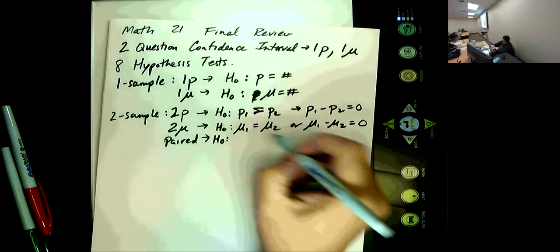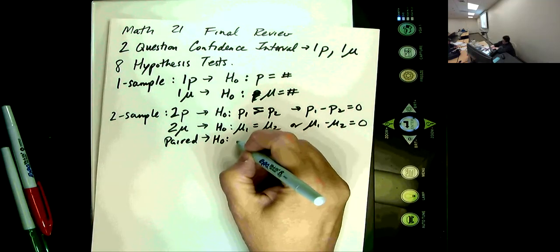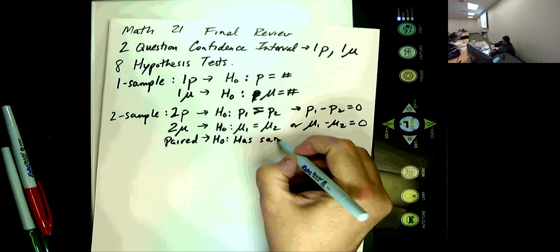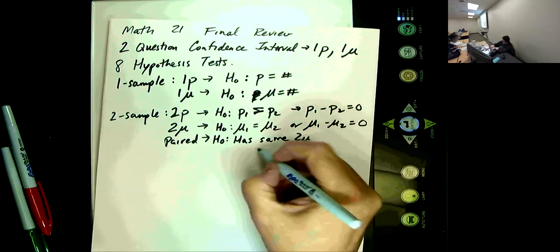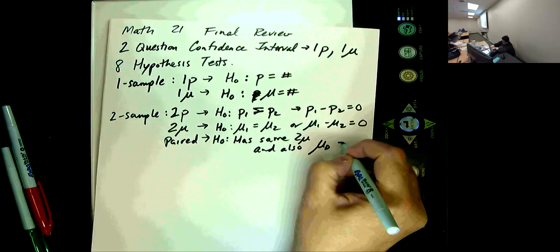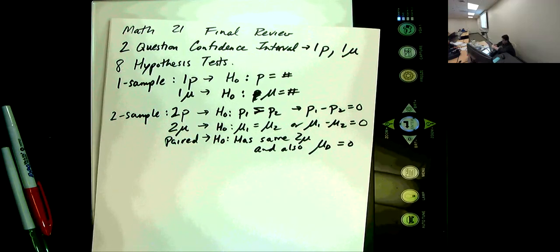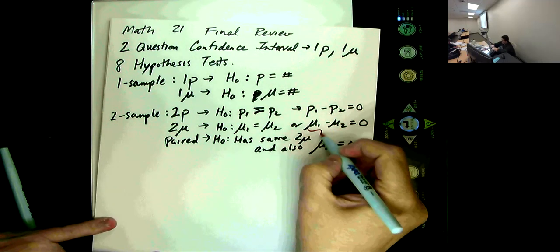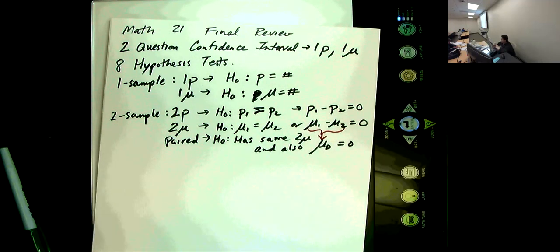Paired had the same setup. Paired has the same as 2 mu, and also they had mu d equals 0. If you use mu d, it needs to be in the form mu1 minus mu2. But you don't have to use mu d.